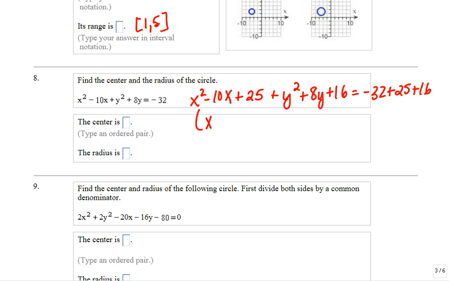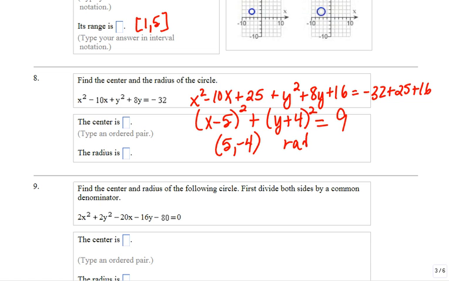So we really have (x − 5)² + (y + 4)² is equal to, when we add all of these up, what do we get? Say −32 plus, is that 41, would be 9. So the center is (5, −4), and the radius is the square root of 9, which is 3.